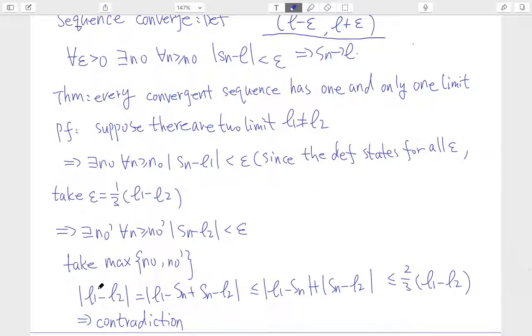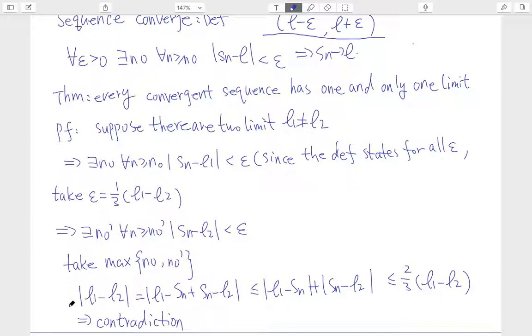And then we take the maximum of this n0 and n0 prime, and then both these two conditions are satisfied. And then there's a final and the most important step, that is how can we construct something that contradicts the original assumption.